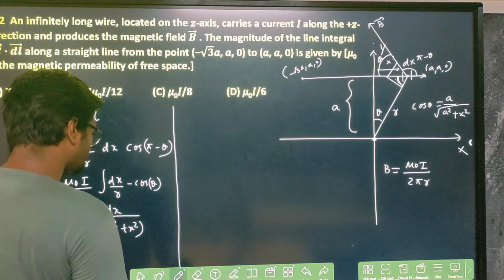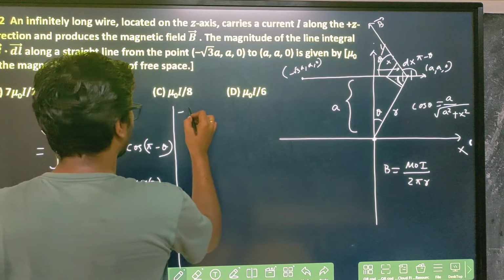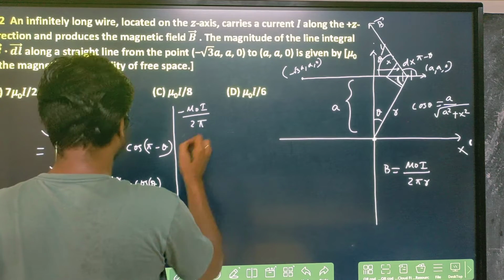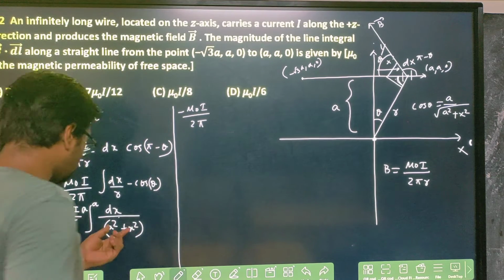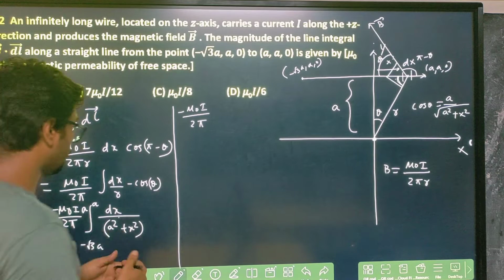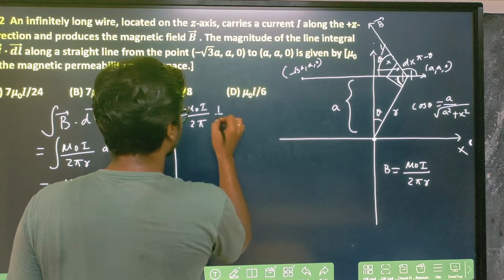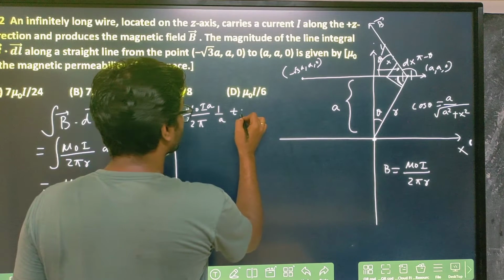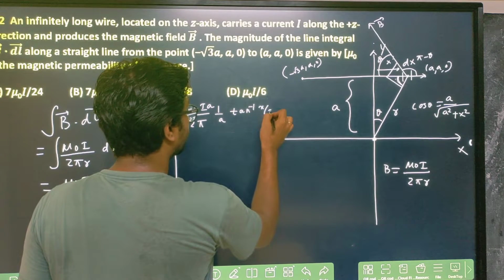Now see here, this will be minus mu naught I divided by 2 pi. This integration is a standard integration. So this will be 1 by a, here a is there previously, 1 by a tan inverse of x by a.